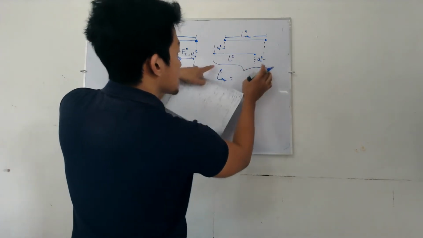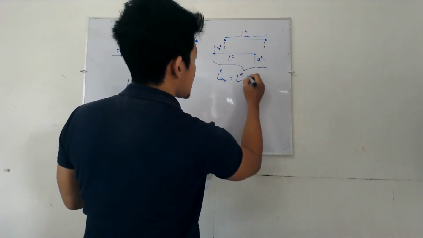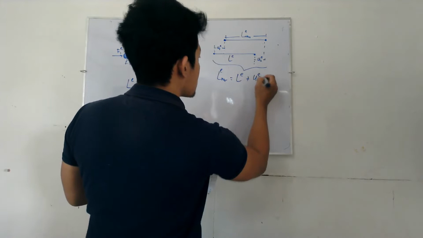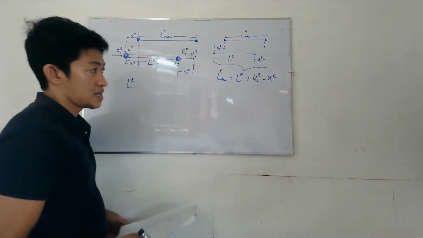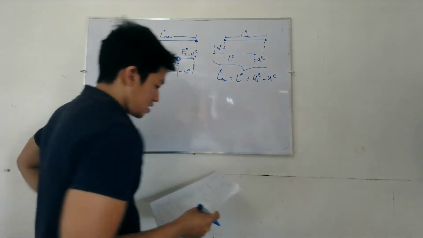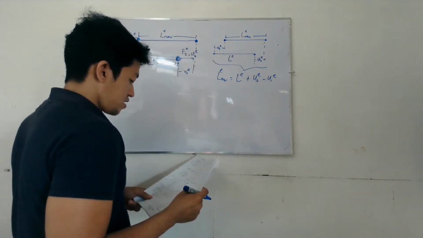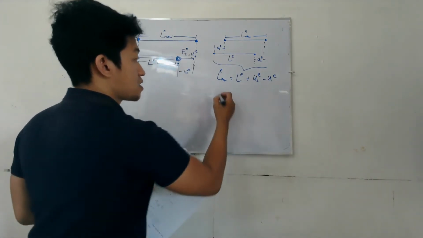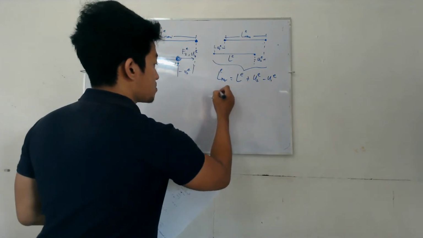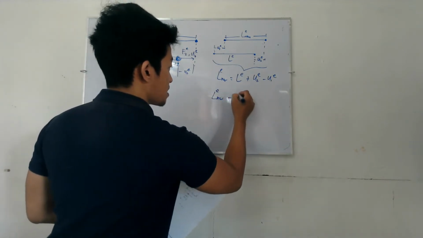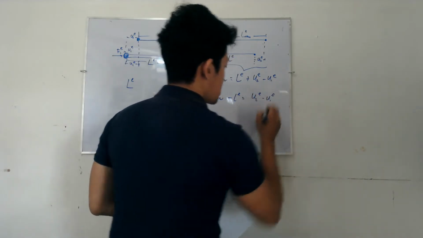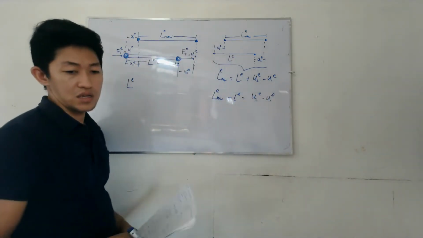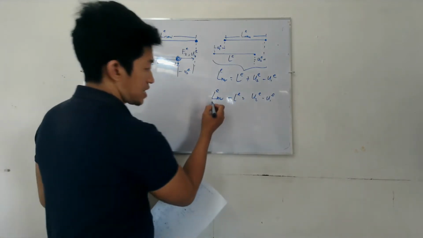So this length is LE plus U2E minus U1E. Okay? Therefore, L new E minus L to the E is equal to U2E minus U1 raised to E.